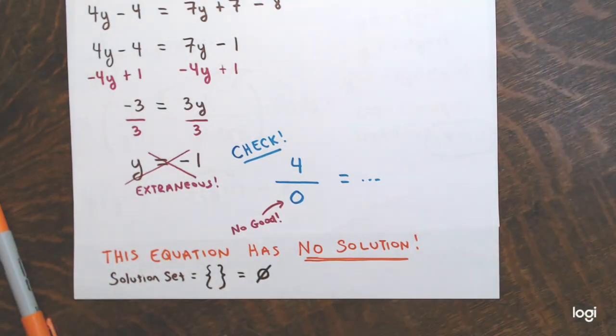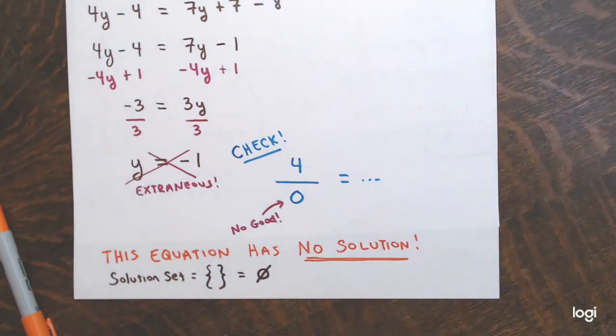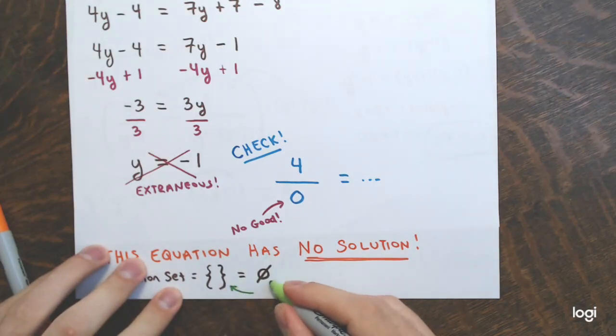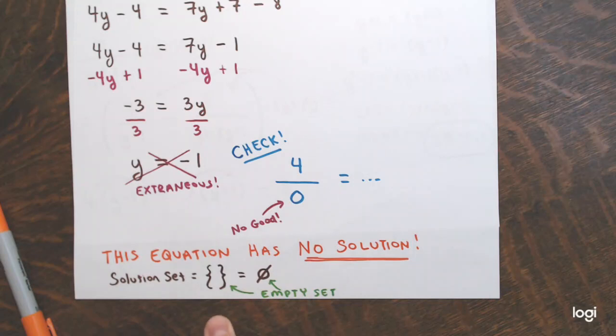Both of these symbols, the little braces with nothing in it, or this little circle with a slash through it, represent what's called the empty set.